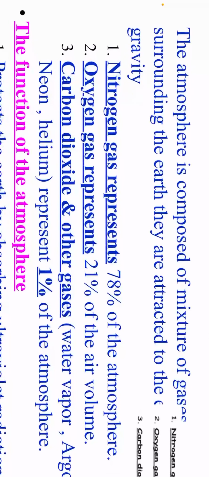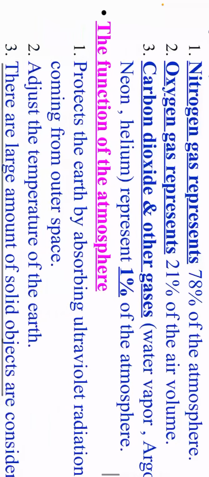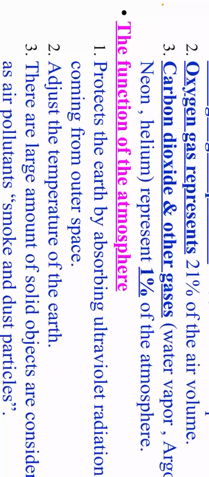What is the function of the atmosphere? What is the importance of the atmosphere? The sun radiates some radiation that is useful and some that is harmful. This harmful radiation, if it reaches the Earth's surface, will damage the Earth.